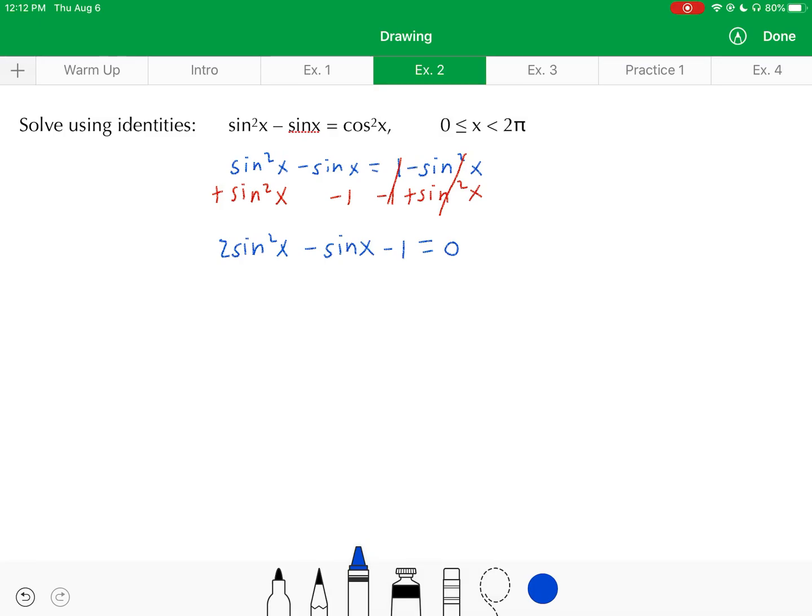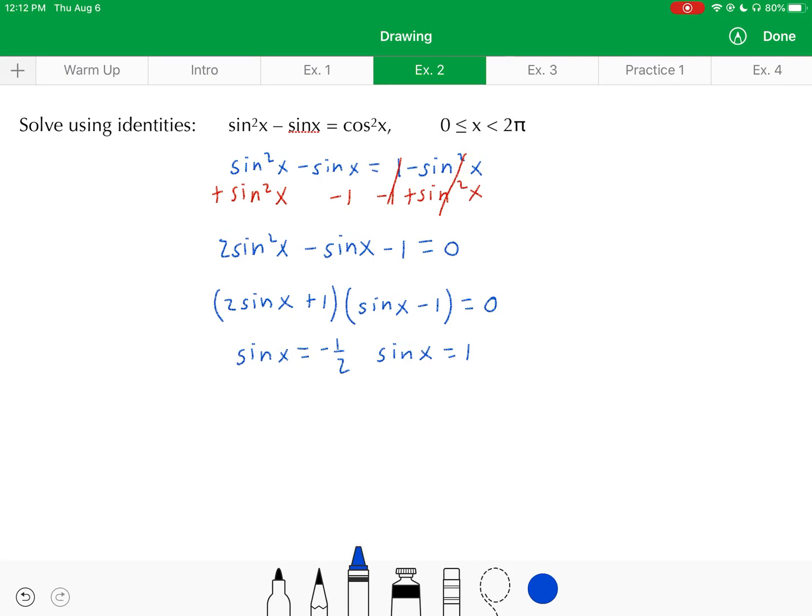So this is factorable just like the previous example. We are going to factor to 2 sine of x plus 1 multiplied by sine of x minus 1. So you set each factor now equal to 0 and then isolate sine of x. So that's going to lead me to sine of x equals negative 1/2 this time, or sine of x is equal to 1.